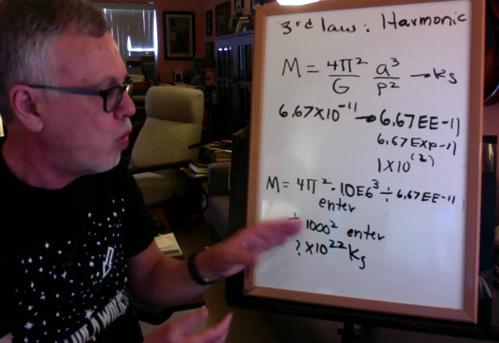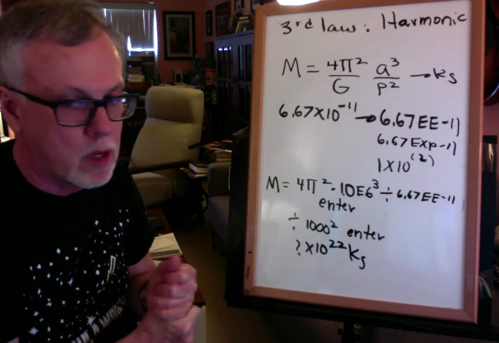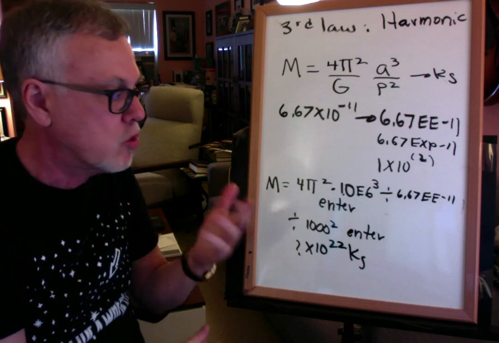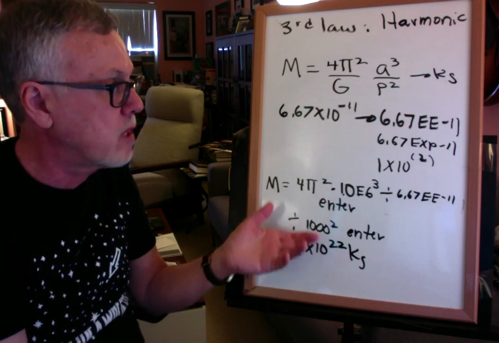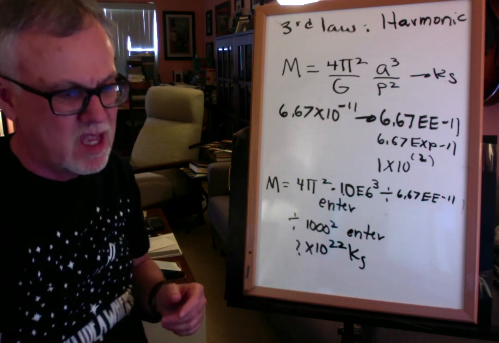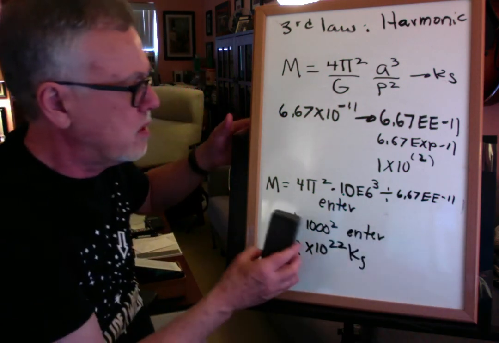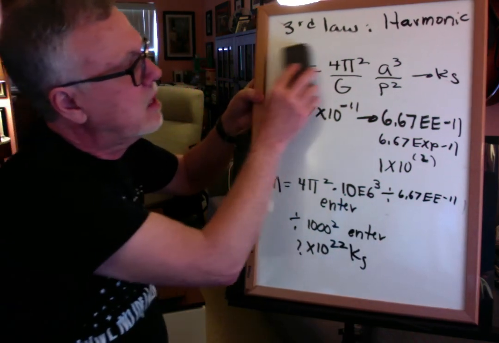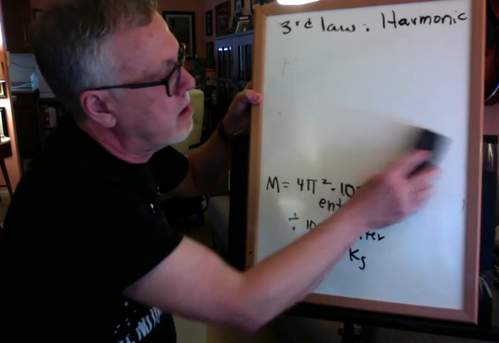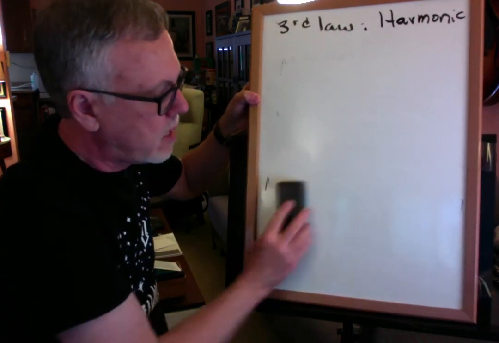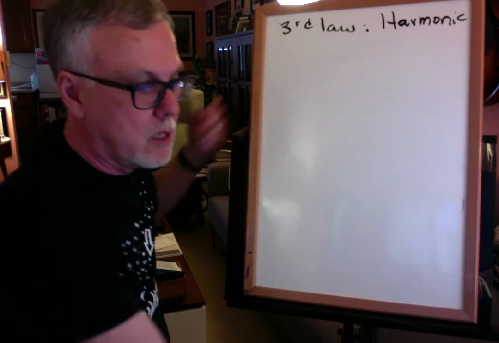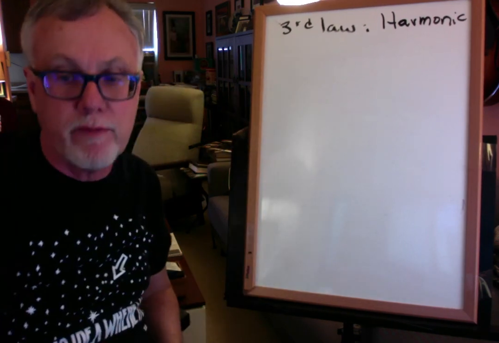Now, once you get that experimental result, you want to compare your experimental result to the true value. And what we use there is what's known as percent error. Percent error is where you compare an experimental result to the true value.